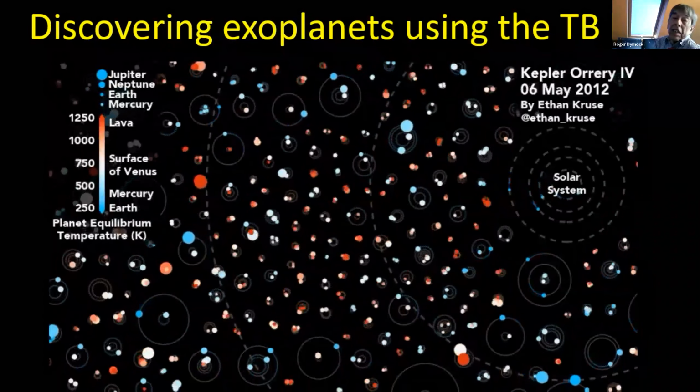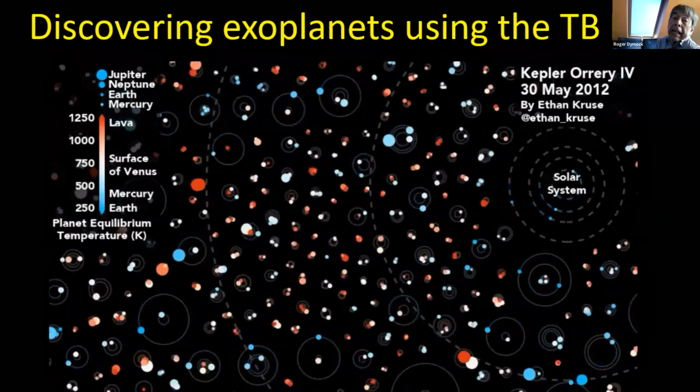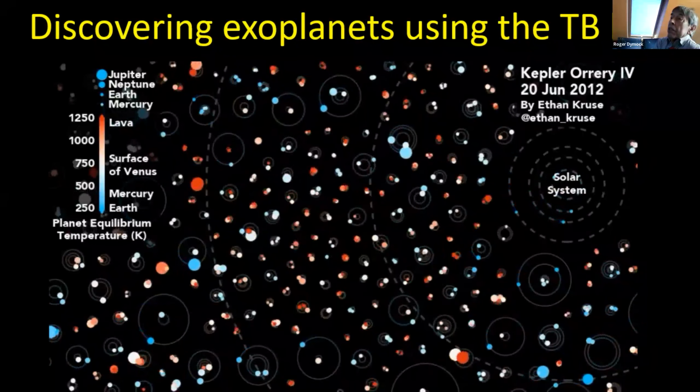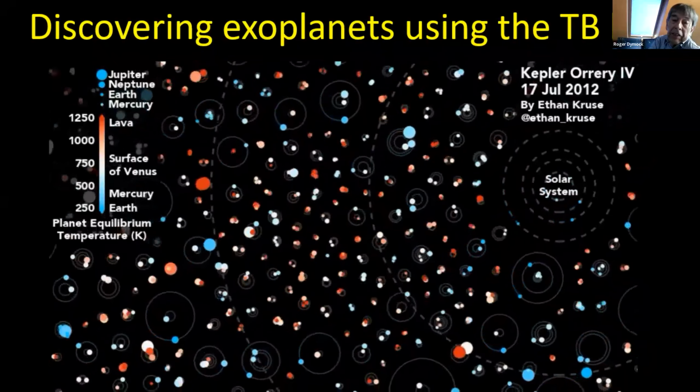As you can see from this slide, there are quite a few multi-planet exoplanetary systems, but I will be looking at just one, which is 55 Cancri.